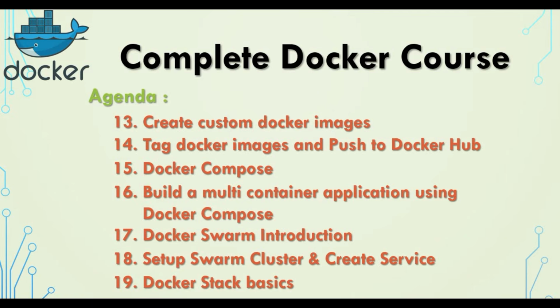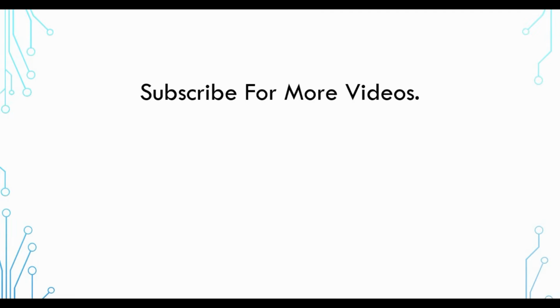We also spoke about Docker Compose, how to build a multi-container application using Docker Compose, installing Docker Compose. We also saw how to set up Docker Swarm, setting up a Docker Swarm cluster with one master and two nodes, how to create services and how these services distribute the load between different nodes, and we also saw the Docker Stack details. So that is all for this tutorial, and I hope it is an informative tutorial for you.